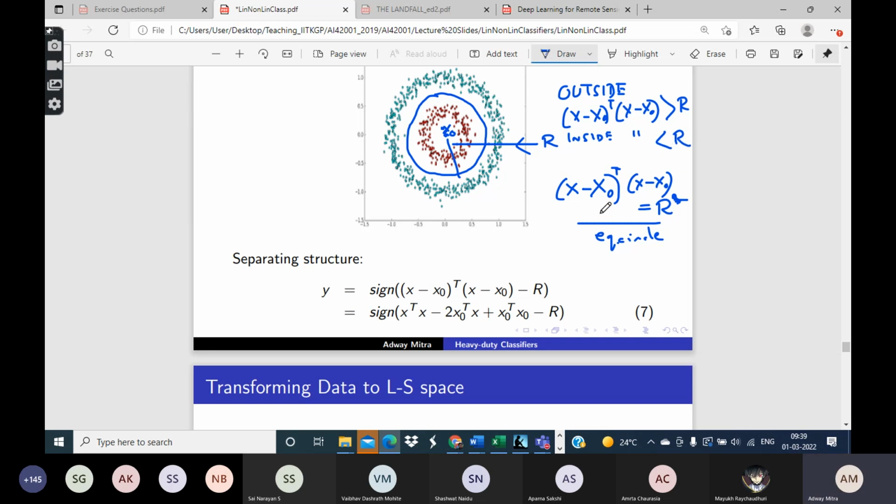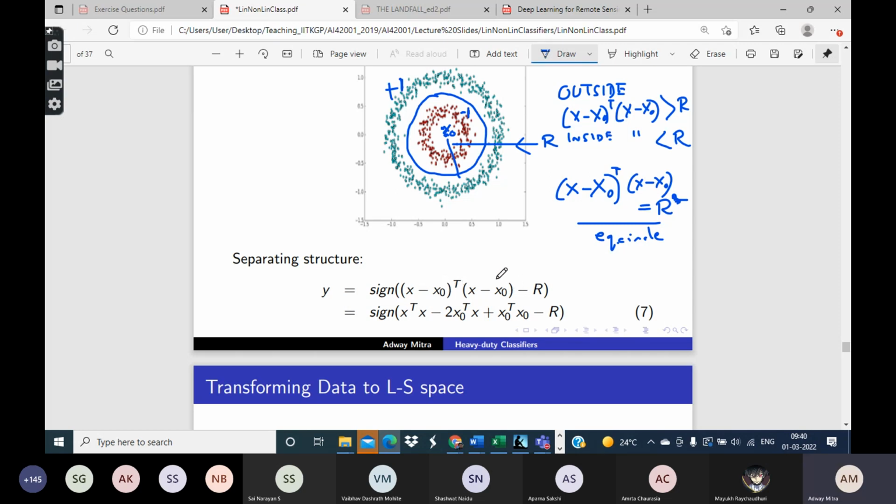So if we call these blue points +1 and these red points -1, I can design the classifier in the following way: y is equal to sign of this thing.